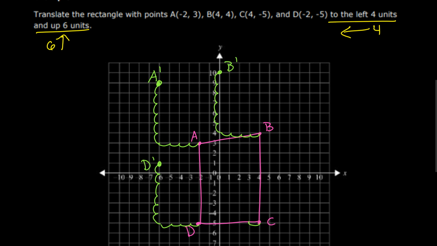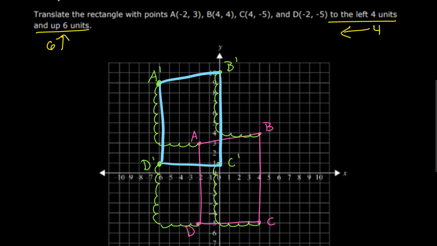What does prime mean? That is the new shape that you should have gotten.